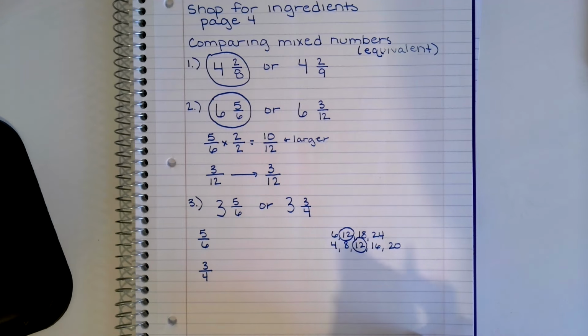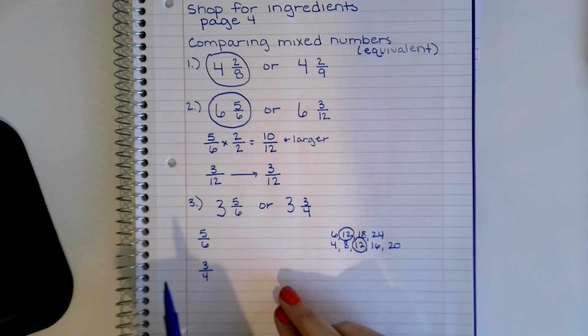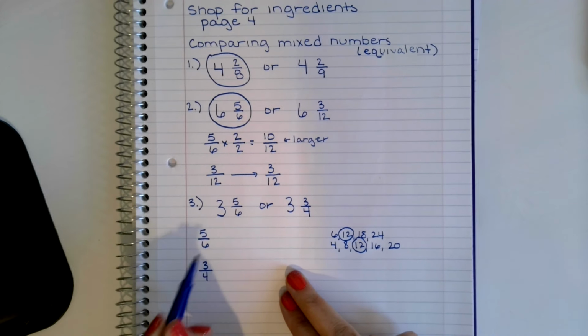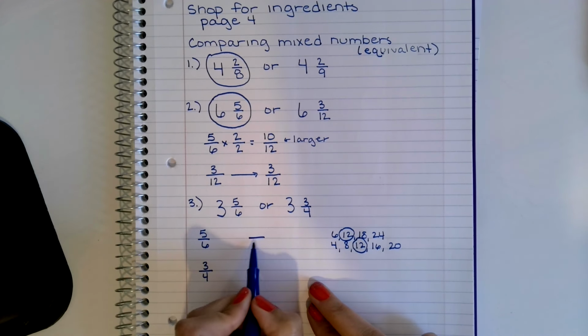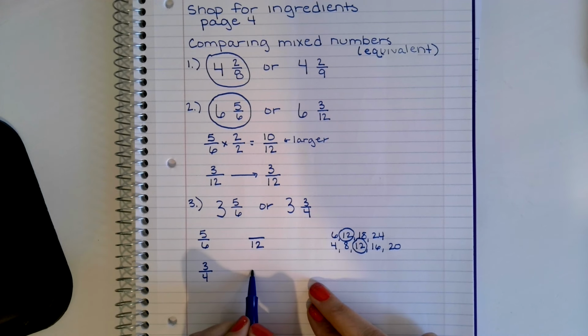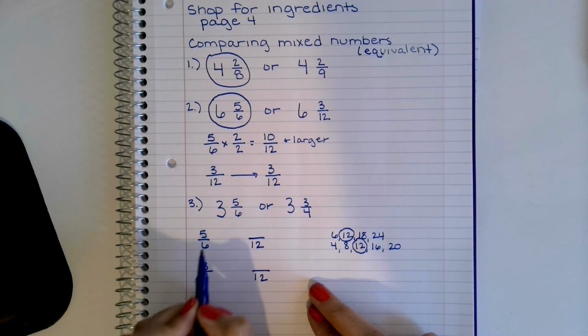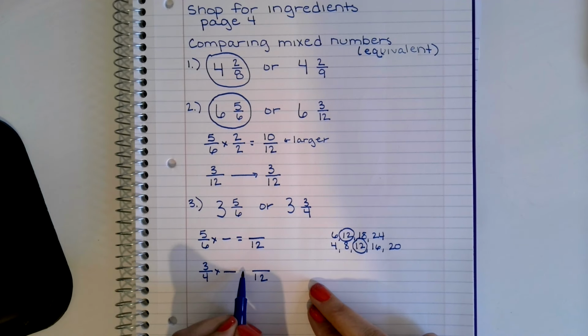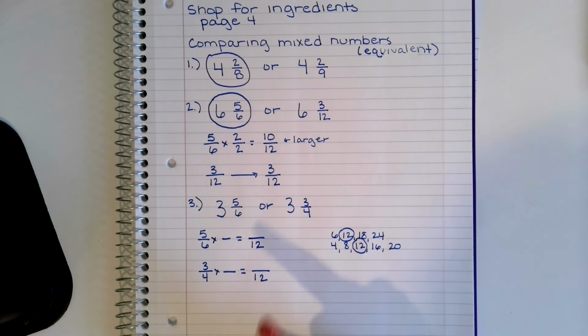So it'd be easy to compare. Now, if you did 6 times 4 and got 24 and used that, that's fine too. You can compare them just as easily. So 6 times what gives you 12, and 4 times what gives you 12? Then you're going to compare them. Remember, you want the largest fraction because that's going to be the better deal.